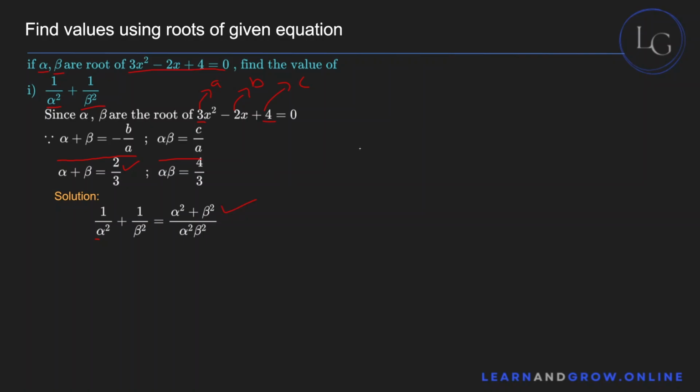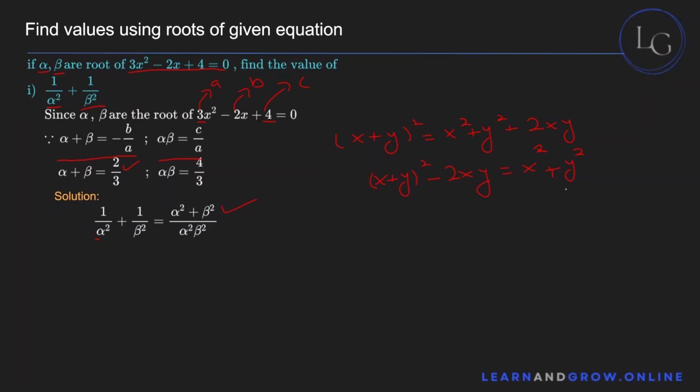Now, remember that we've discussed the most basic algebraic identities, that x plus y whole square is equal to x square plus y square plus 2xy. So x plus y whole square minus 2xy is equal to x square plus y square.